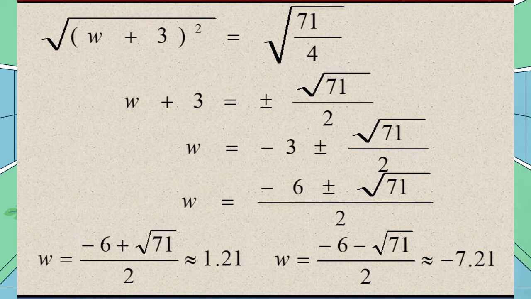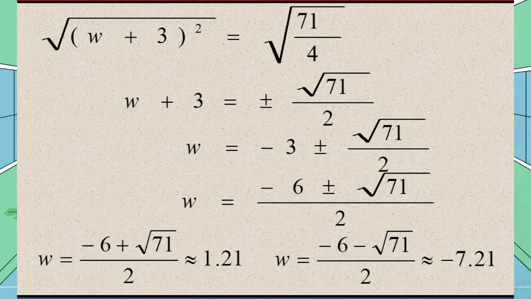Performing the operations, one value of W is negative 6 plus the square root of 71 all over 2. That is approximately 1 21/100. While the other value is negative 6 minus the square root of 71 all over 2, that is approximately negative 7 21/100.